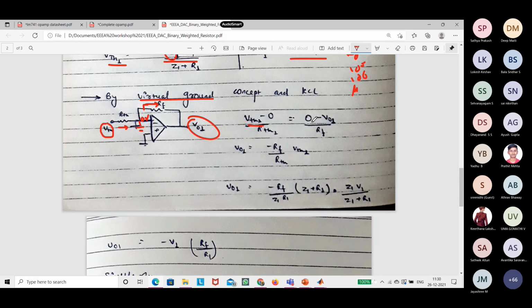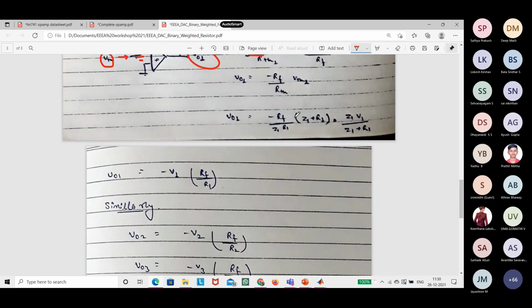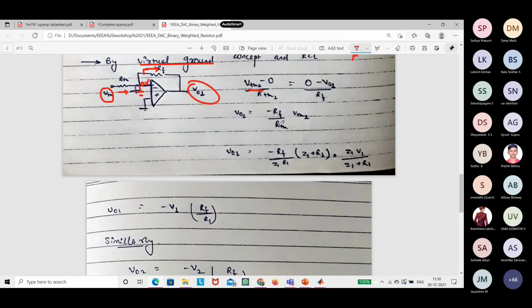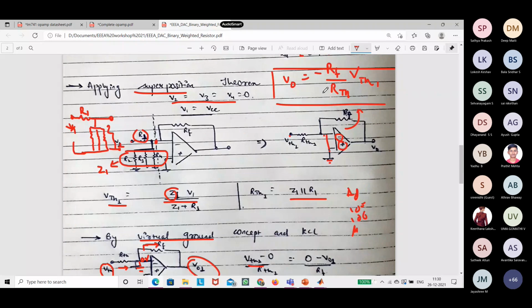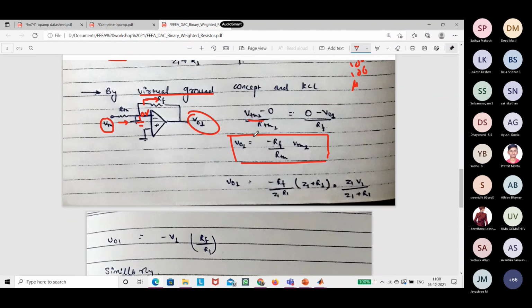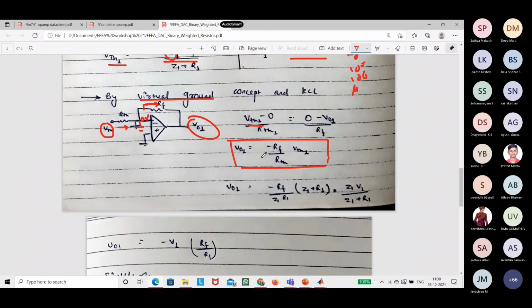So by using KCL, V output 1 equals minus of R feedback by R Thevenin into V Thevenin of 1. That is what I said over here as well, right? So now we'll substitute the R Thevenin and all.